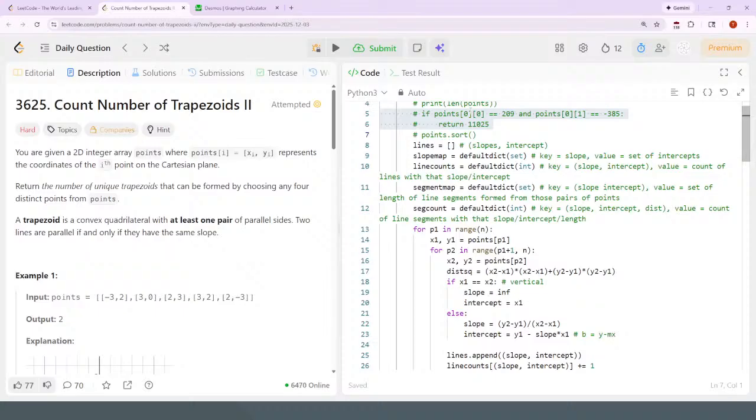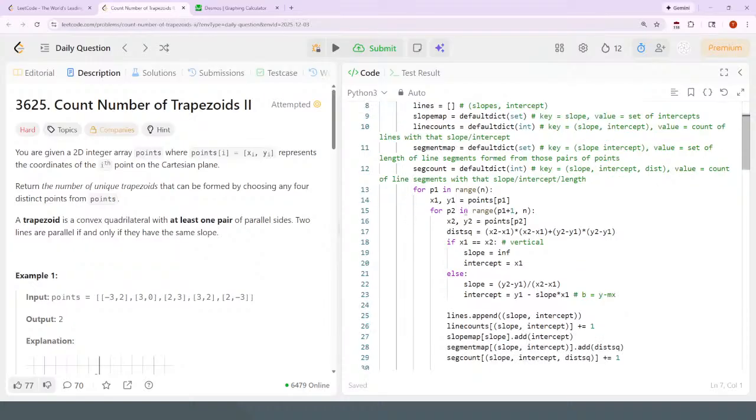So every index for the first point and every index for the second point, not the same index. Find the distance squared. Check for verticality. Do that exception. Otherwise, calculate the slope and the y-intercept.